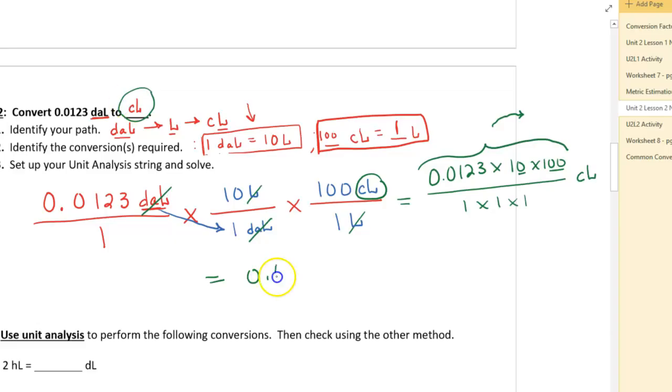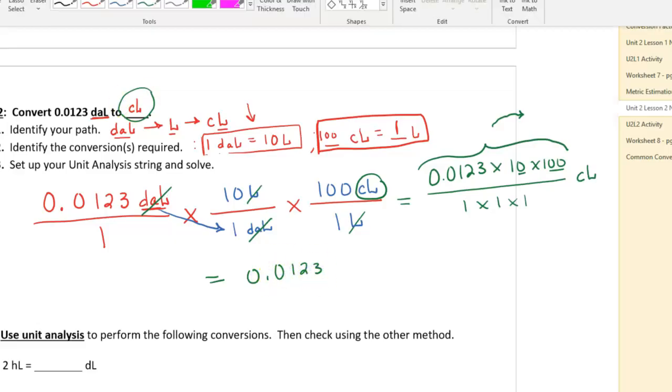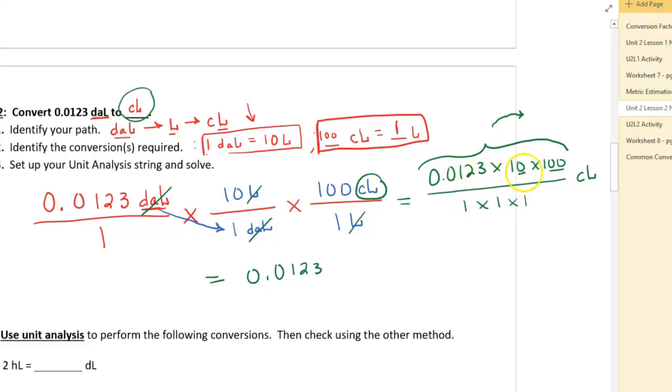So that means I'm going to take this decimal and I'm going to move it 3 places, 1, 2, 3, to the right. So 1, 2, 3. It ends up between the 2 and the 3. So my final answer would be 12.3, and those are centiliters.